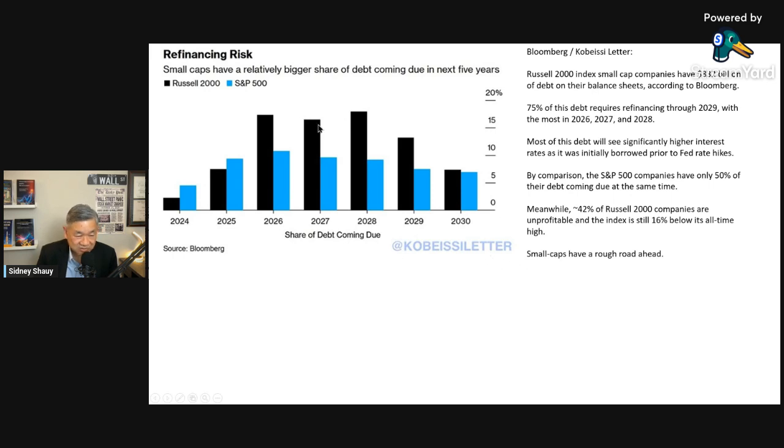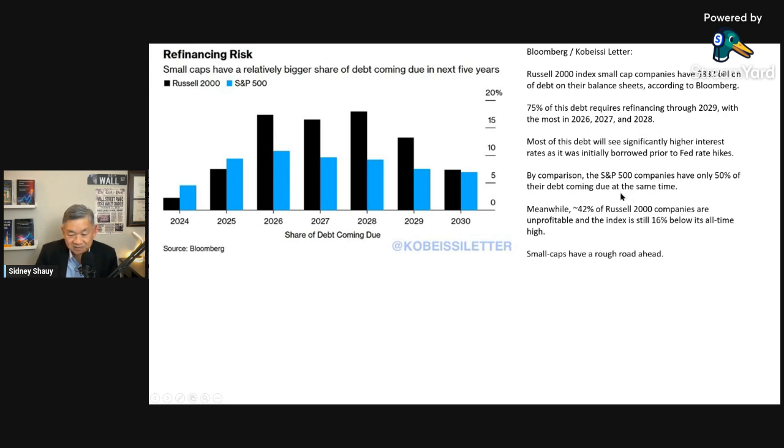This is just comparing the small caps in the Russell 2000 with the large caps in the S&P 500. There's a reason why small caps are not doing so well: they have a big amount of debt, 832 billion, and 75% is going to mature or need refinancing in 2026, 2027, and 2028.